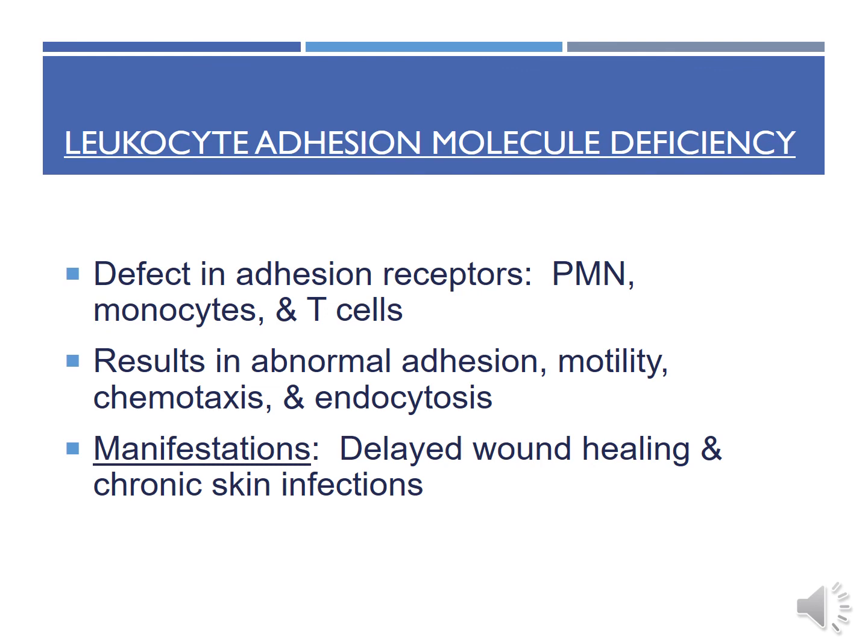What this means for the patient is they'll have chronic skin infections and delayed wound healing, because the PMNs, or neutrophils, can't get to the area quickly enough, and the infection will get out of control real fast due to this delayed reaction of the neutrophils.